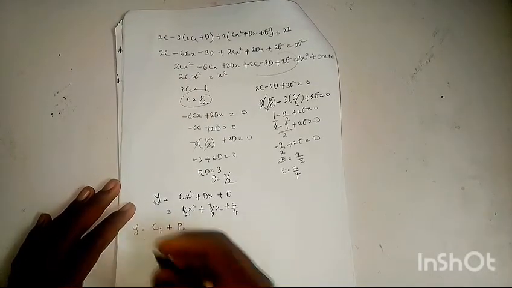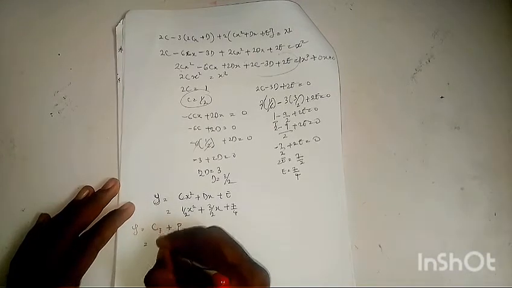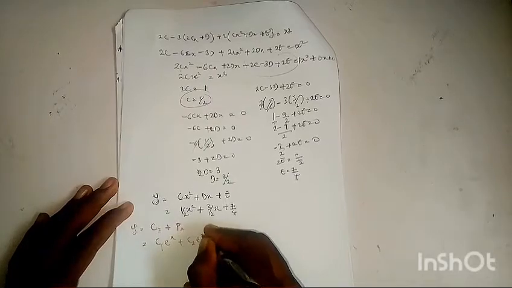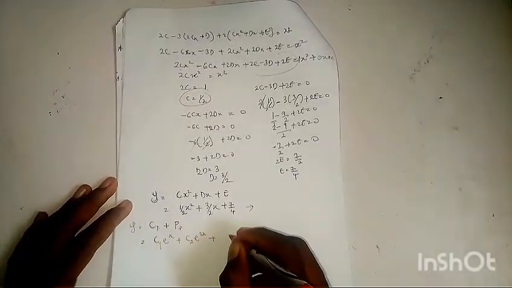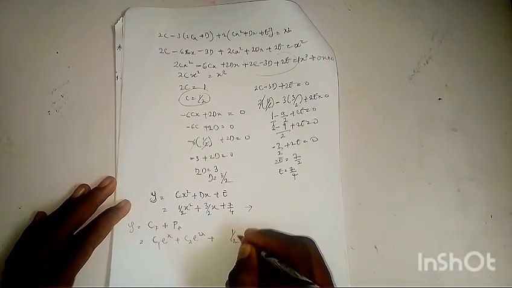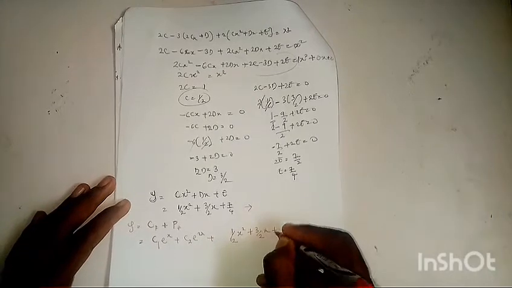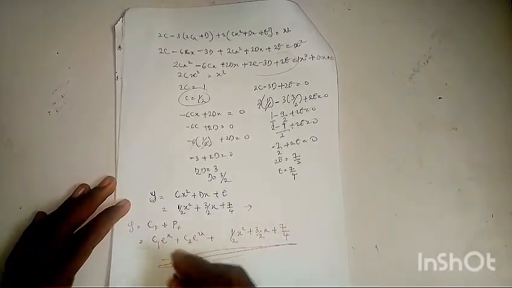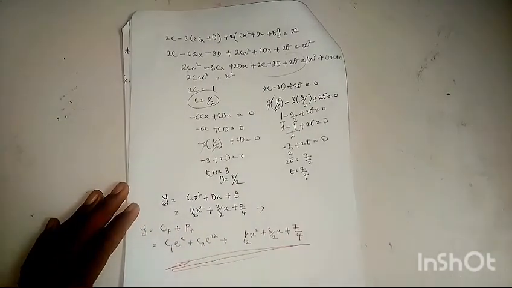Given my complementary function in the previous question to be c1 exponential x plus c2 exponential 2x, plus my particular function here, 1 over 2 x squared plus 3 over 2 x plus 7 over 4. So this is the solution to the given non-homogeneous differential equation.